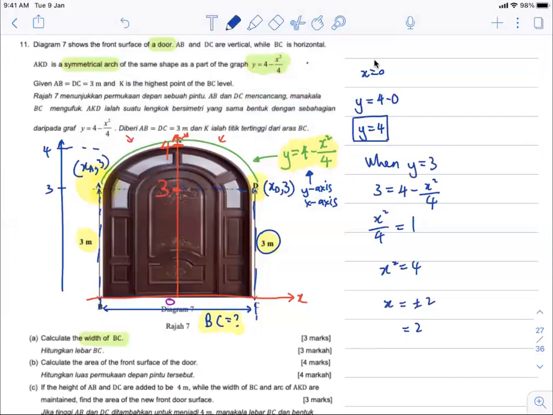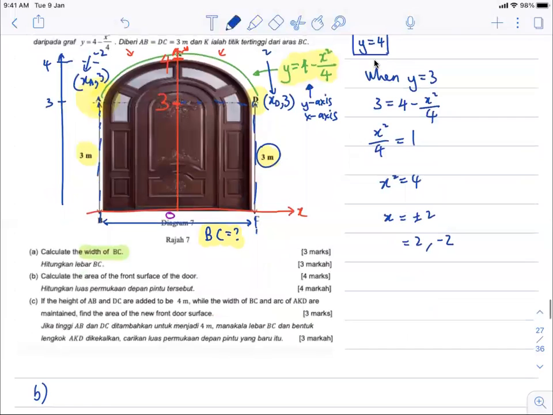So it can be positive 2 or negative 2. Taking the left hand side, XA will be negative 2. The positive side, XD will be 2. So BC would be equal to 2 minus negative 2. It will be 4. So BC will be equal to 4.